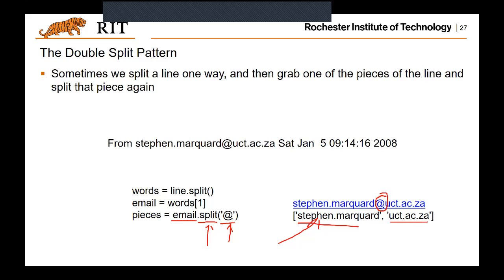Once you have this, you can decide which part is of interest. In this case you want to extract the domain name of that email address and print it out. That's how the domain of the email address is extracted.